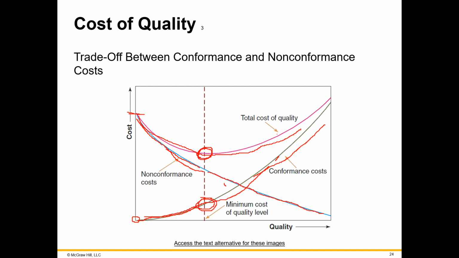And then they also understand that they're going to still have some non-conformance costs in terms of warranty repairs and returns, but they're willing to accept that hit on their reputation in order to maintain low total cost of quality. So it really depends on what type of company and what reputation that company is shooting for. And that's the end of chapter 10.